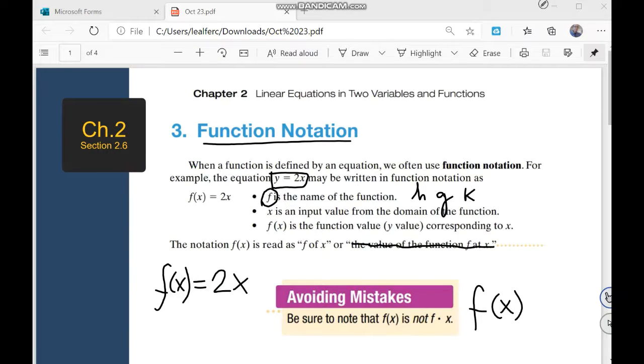It's not the case. This is not a multiplication. This is not f times x. No, this is not f times x. This is function of x or f of x, okay?